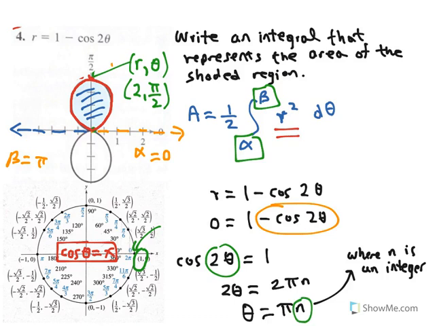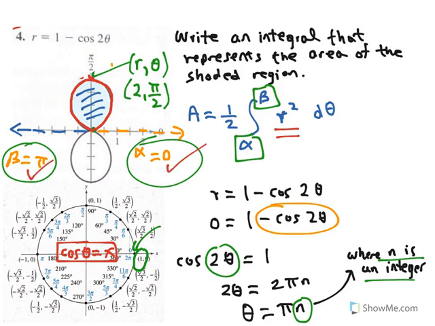And when you make n equal to 0, n is an integer, so you can make n be any integer. When you make n equal to 0, you get theta is equal to 0. When you make n equal to 1, you get theta is equal to pi. When you make n equal to 2, you get theta is equal to 2 pi. So 0 to pi would give you the red part of the curve.